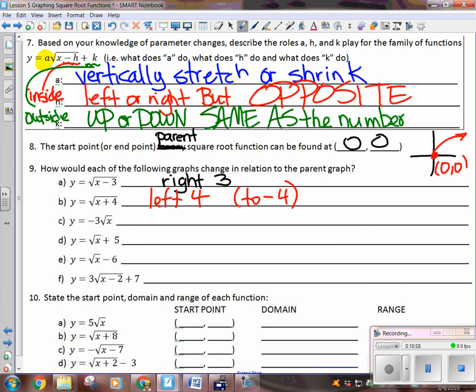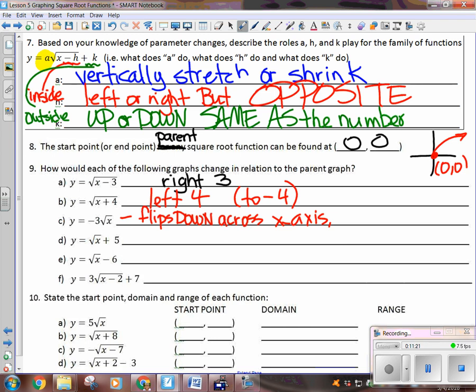Now, there are 2 things in C. Tell me what 2 things. I have a negative out front. Anybody remember what that does? The negative makes it flip down across the x-axis. What does the 3 make it do?